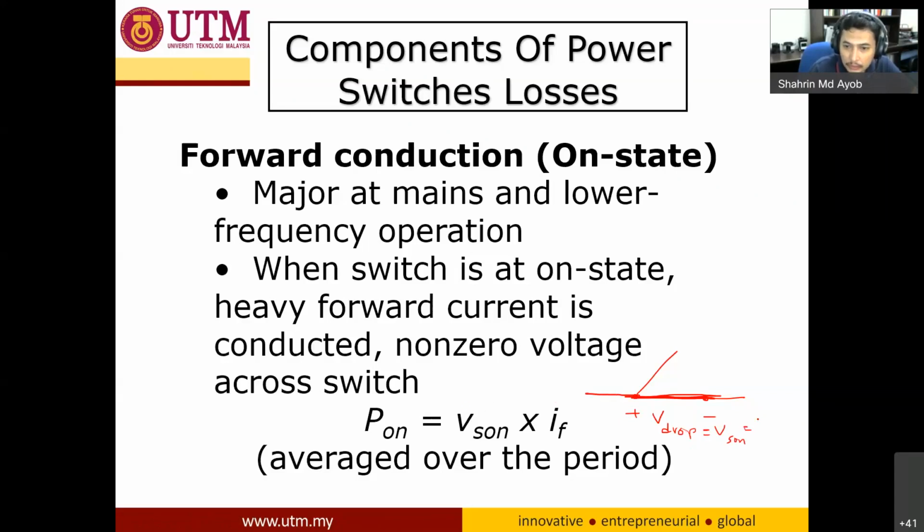This equals V forward. Since it is turned on, the current is flowing inside this switch. So the voltage drop multiplied by the current flowing, I forward, means there will be some power absorbed, power losses inside this switch. That is what we call the forward conduction losses.